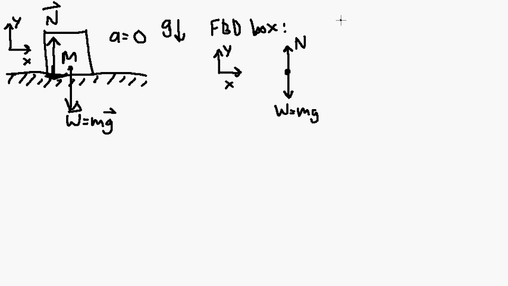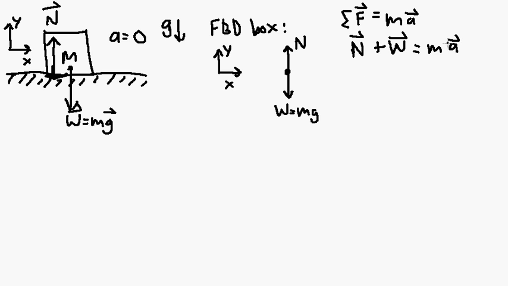We know that the sum of the forces on the body equals mass times acceleration. I'm going to do the vector version first, but this is so easy. So we can say the normal force plus the weight equals mass times acceleration. But our acceleration is 0, so probably could have written 0 in before.